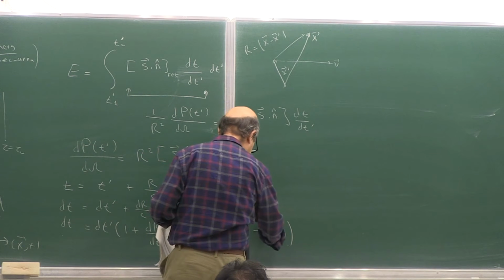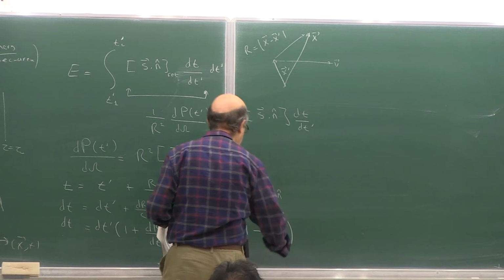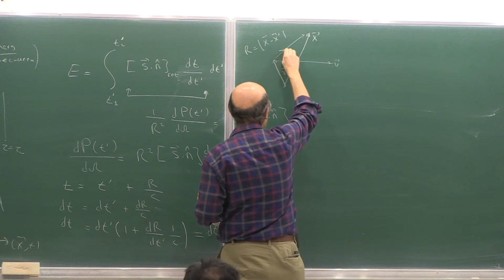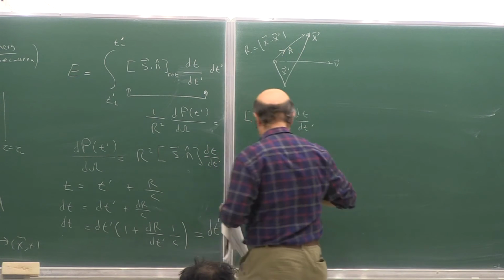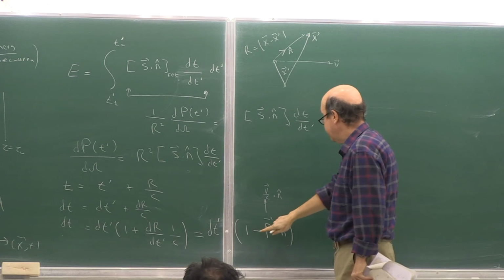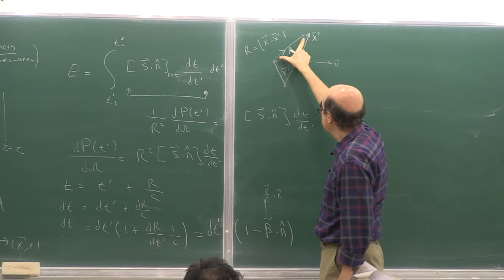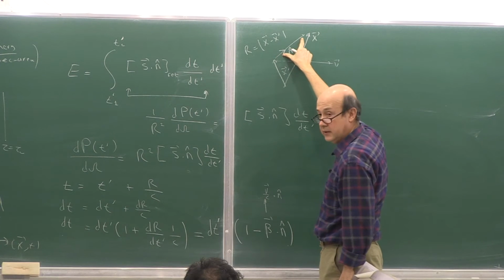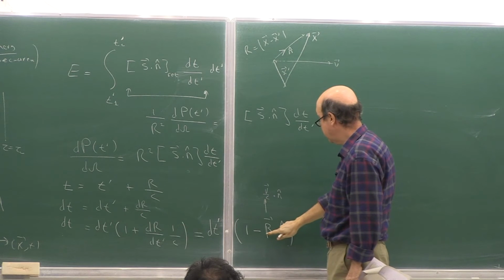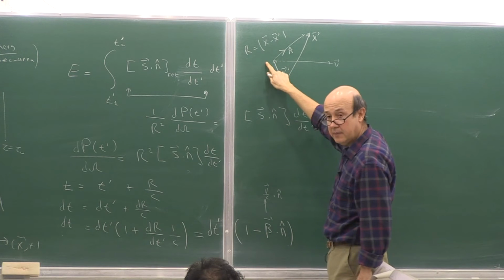Beta is v over c, and n is the unit vector in the direction of n hat. So basically v dot n is negative when the angle is less than 90 degrees, which means that r is decreasing in time, and beta dot n is positive when the angle is greater than pi over 2.